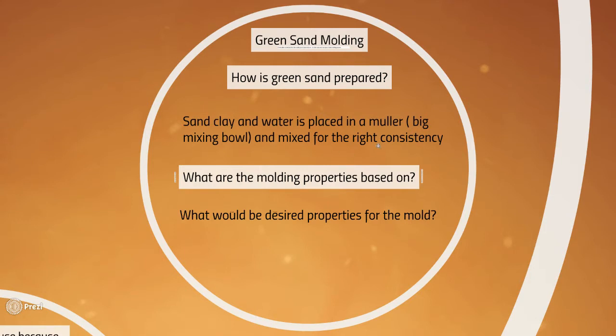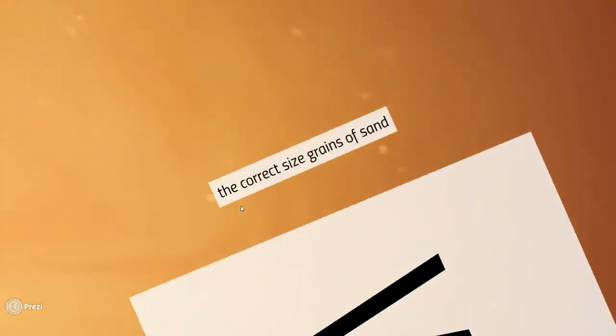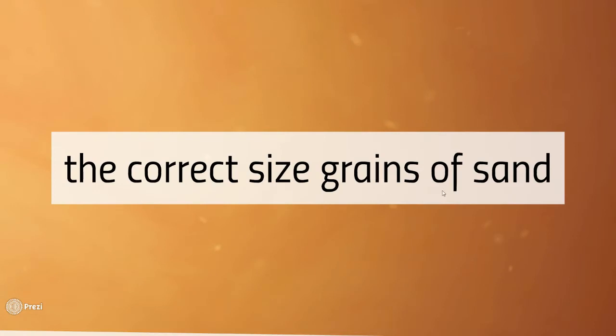And then after that, we want to think about what these molding properties are based on. How do we adjust these things? Well, one of the things is you want to choose the correct size for the grain of sand. Grains of sand can have different sizes. They can be large, they can be small, depending upon what you want to do.